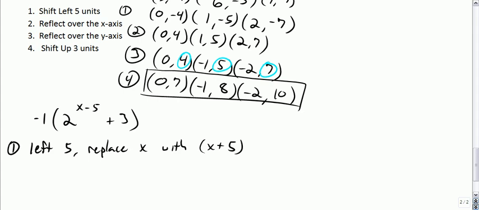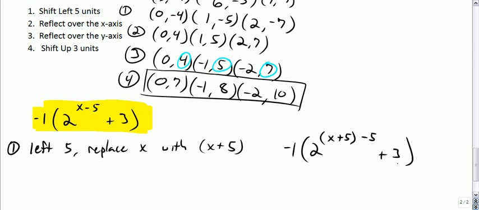So I'll take what I have here in yellow and I'm going to recopy it, but instead of x I'm going to put in x plus 5. So I got my negative 1, 2 raised to the x plus 5 minus 5 plus 3. So this x right here got replaced with this thing right here.